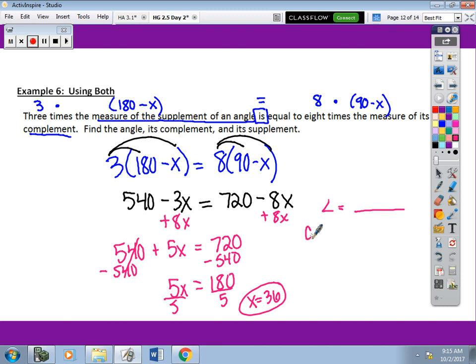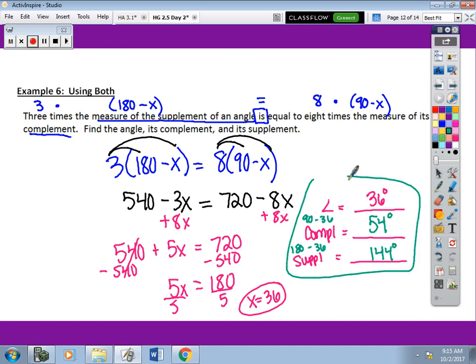So this one you have to actually find all 3 parts. So the angle itself is 36 degrees. Again, to find the complement, we just do 90 minus 36 to get our 54. And the supplement, we'll do 180 minus 36 to get our 144. So you'll see a couple in your homework that ask you for all 3 parts.